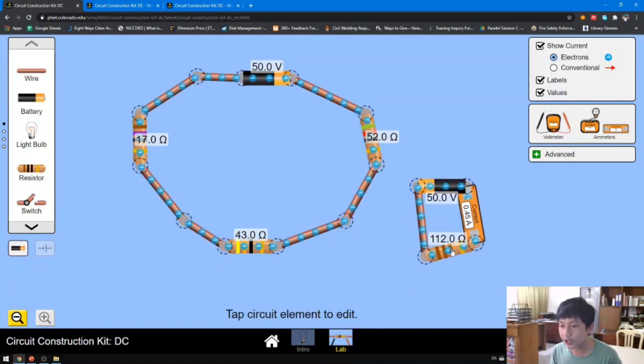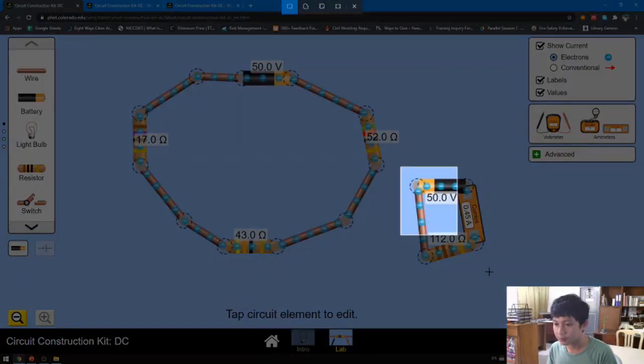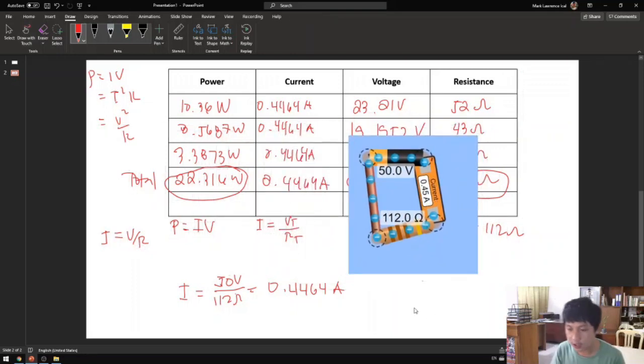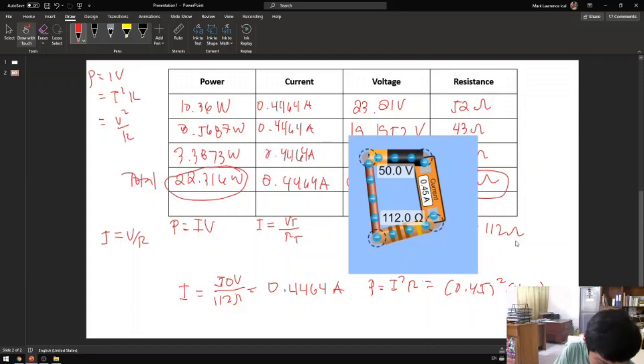Now we can use another formula, which is I squared R. P equals I squared R, so this is 0.45 squared times the resistance, 112.